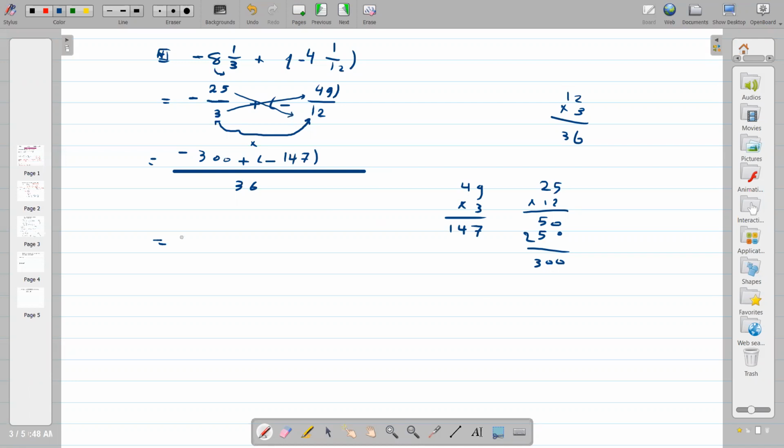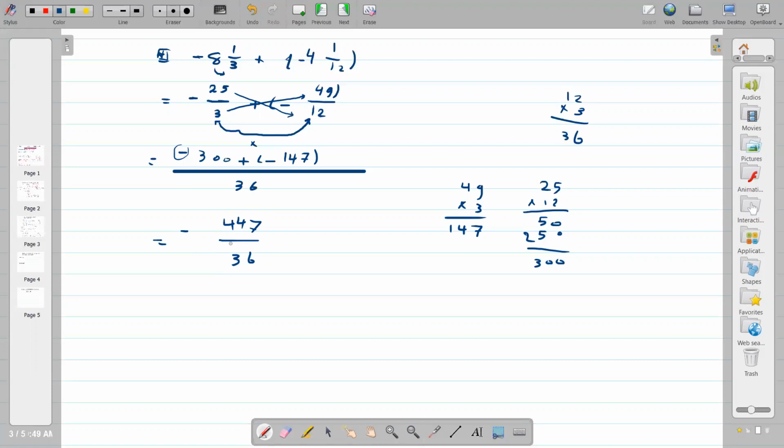Then you add. Both are negative, so put the negative and then add 300 and 147, which gives negative 447 over 36. Okay, is 36 divisible by 9?